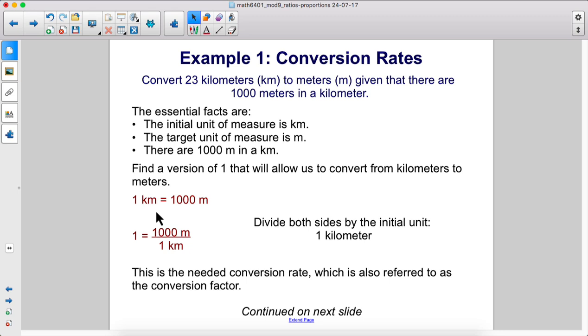Since 1 kilometer equals 1,000 meters, 1 would be equivalent to 1,000 meters divided by 1 kilometer. So if you divide both sides by the initial unit, you get 1 equals, and here is our conversion rate. This is the needed conversion rate, which is also referred to as the conversion factor.